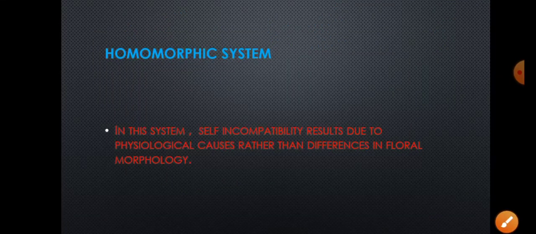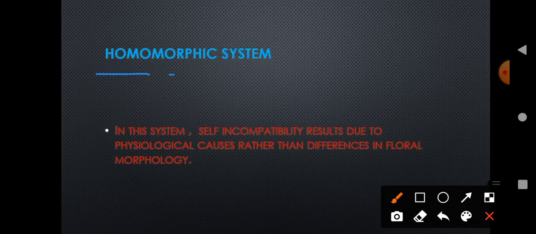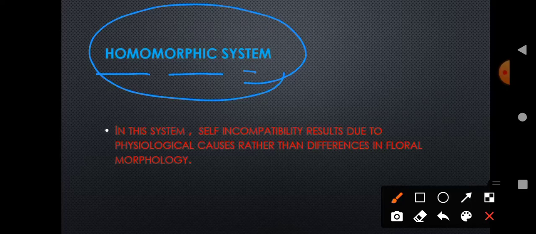So let us talk about another type of system of self-incompatibility, that is the homomorphic system. So homomorphic means, homo means same, morpho means morphology. So here the morphology of the flower is the same, right? This system does not result from differences in the morphology of a flower, as we have discussed in the previous slides, that the heteromorphic system was a result of the differences in the floral morphology, right?